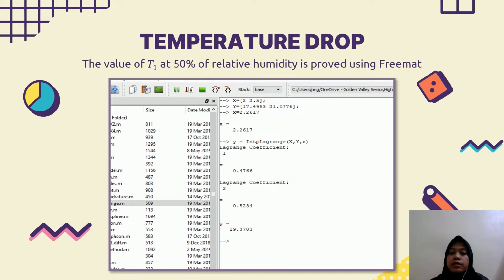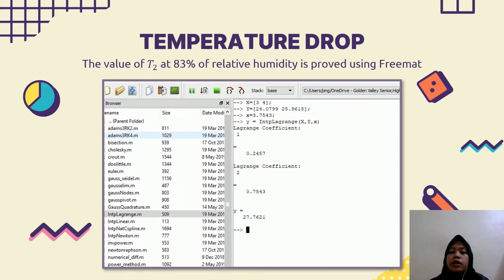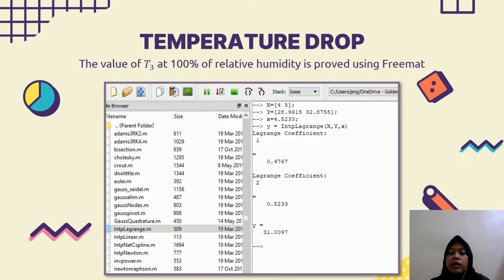Then we get the same answer. Also, we calculate the value of T2 at 83% relative humidity, and it is proved by using FreeMat also. The value of temperature 3 that we calculated before for 100% relative humidity is proved by using FreeMat software.